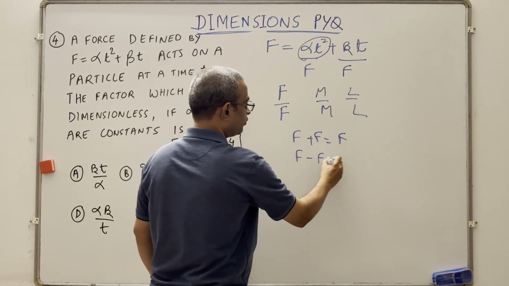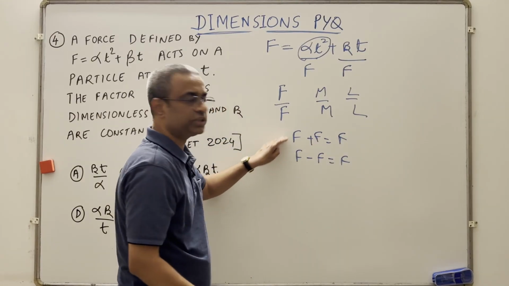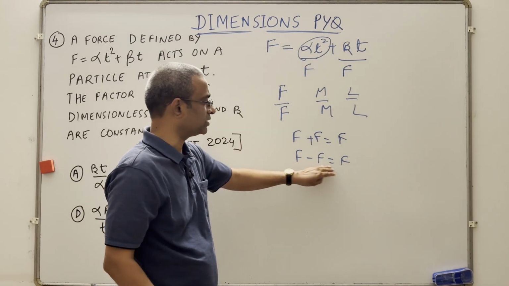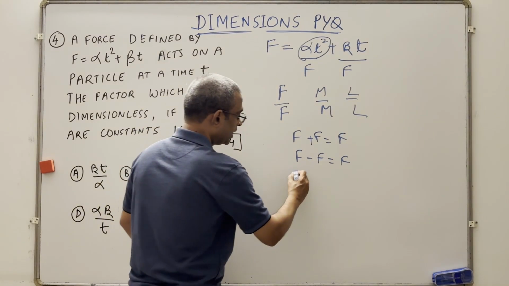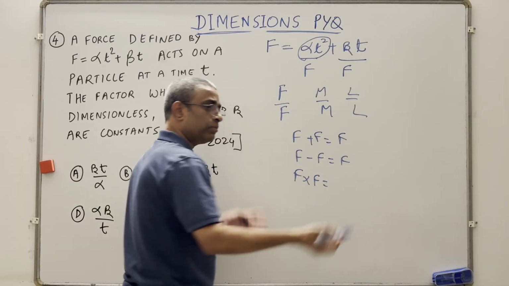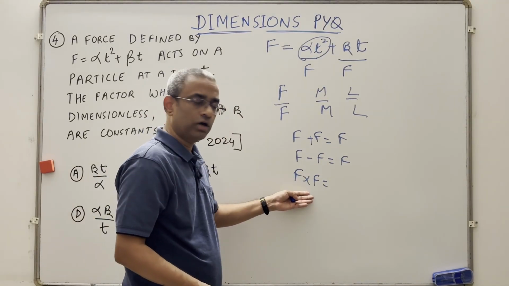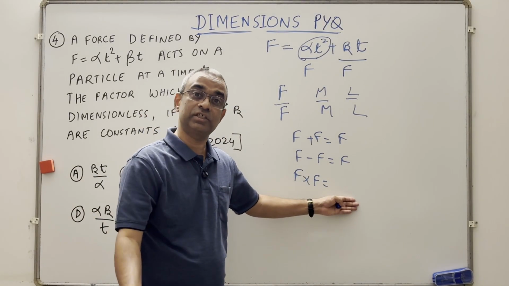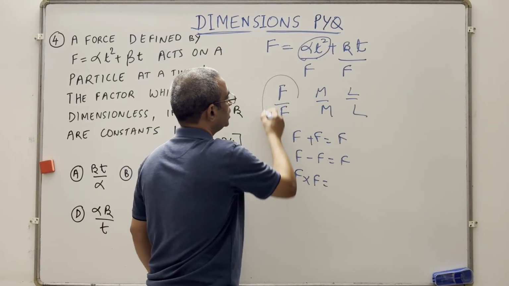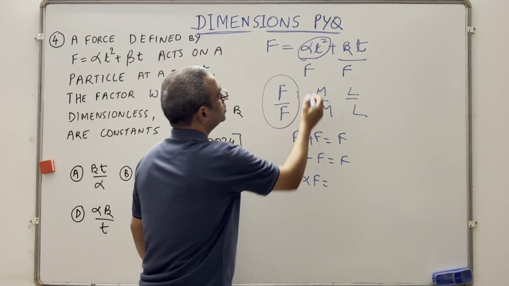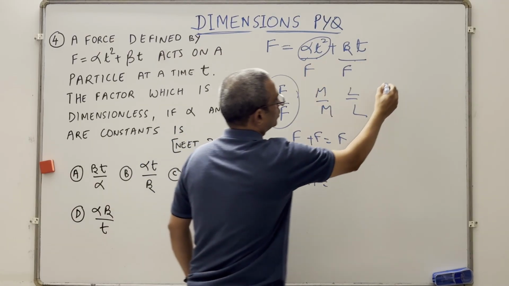If we subtract force, we get force. This is not algebraic subtraction where f minus f is 0. We are talking in terms of dimensions. F into f is some quantity, but definitely not force, and definitely not dimensionless either.